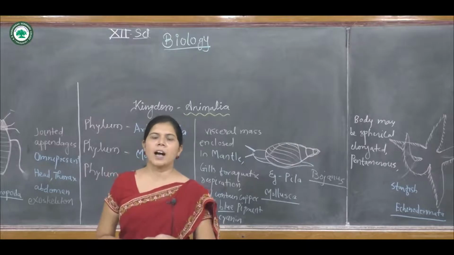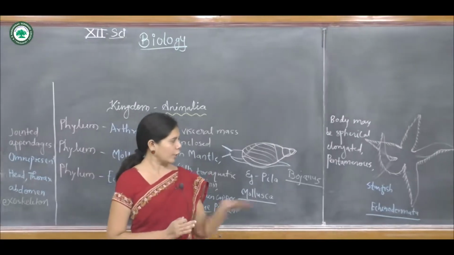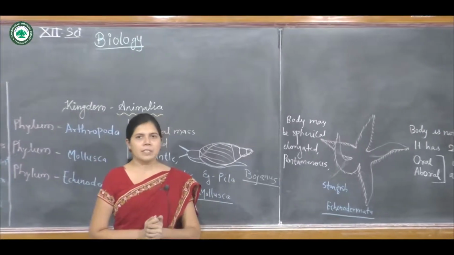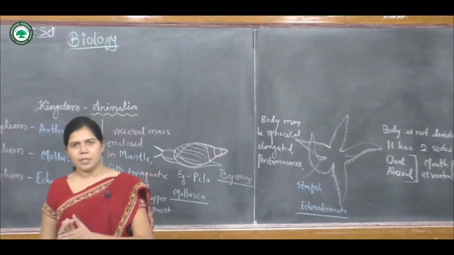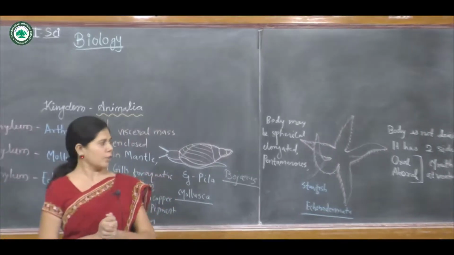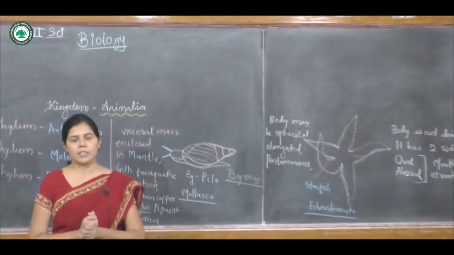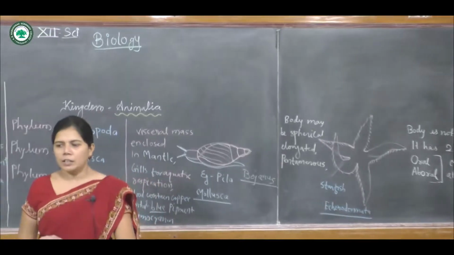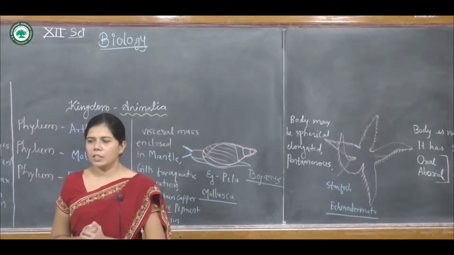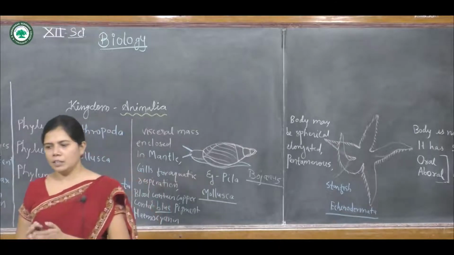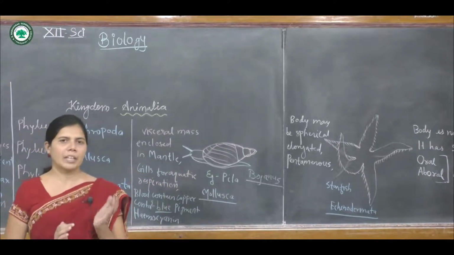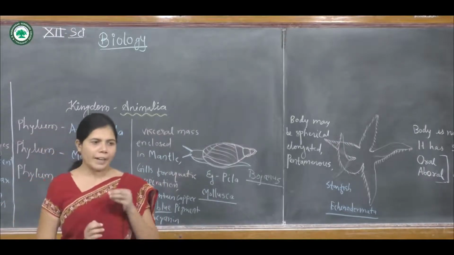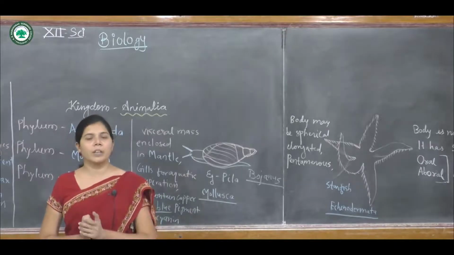The sexes are separate in the Echinodermata, means they are unisexual. The fertilization is internal or external, and they have the power of regeneration.